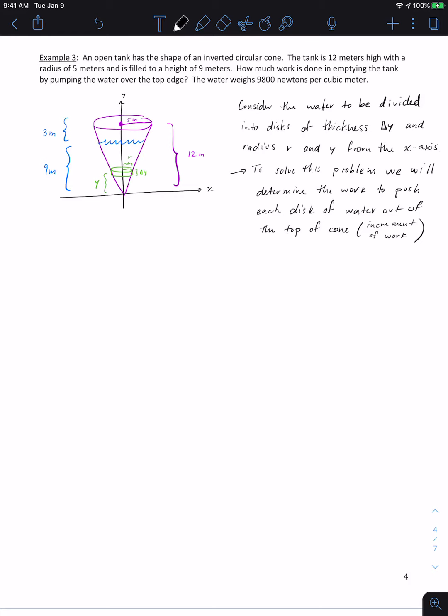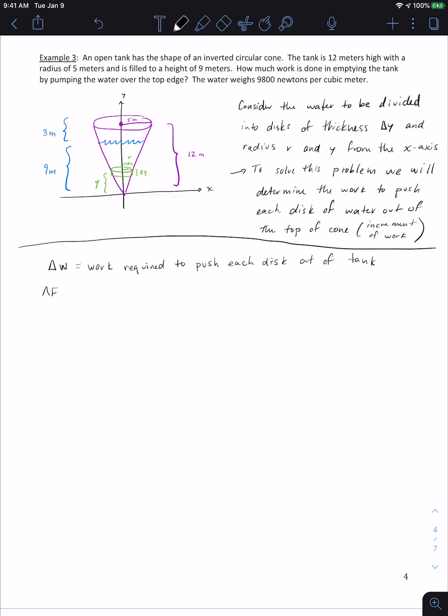Okay, so step one here. Actually, let's label a couple things. First, let's call delta W the work required to push each disc out of the tank, the cone tank.